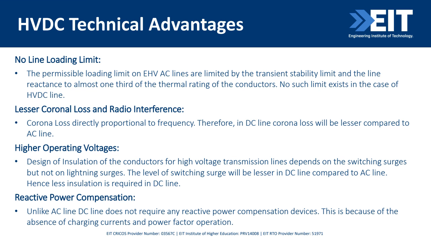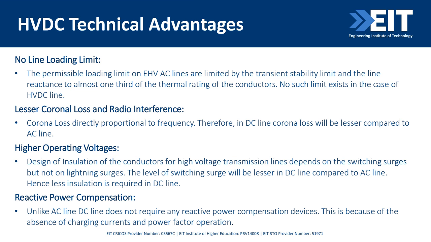There is also lesser corona loss and radio interference. We already discussed that the corona loss is absent in DC lines, and DC obviously does not have electromagnetic interference. With DC, we can achieve higher operating voltages. The design of installation of conductors for high voltage transmission lines depends on switching surges, but not on lightning surges.